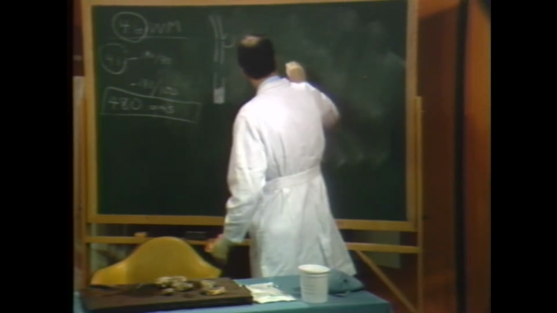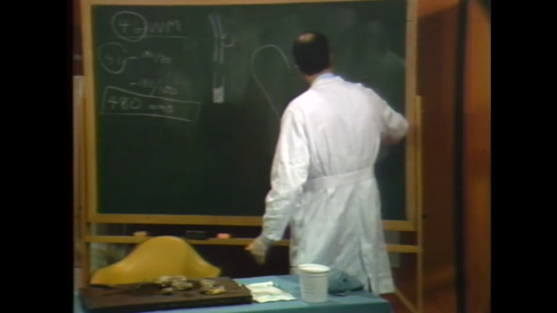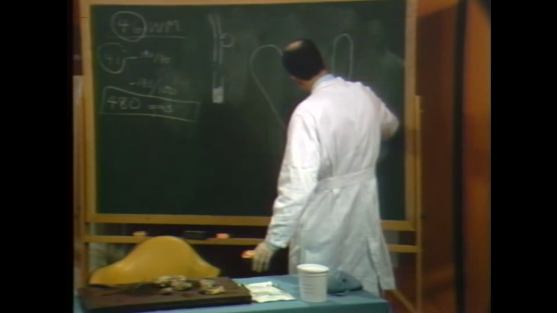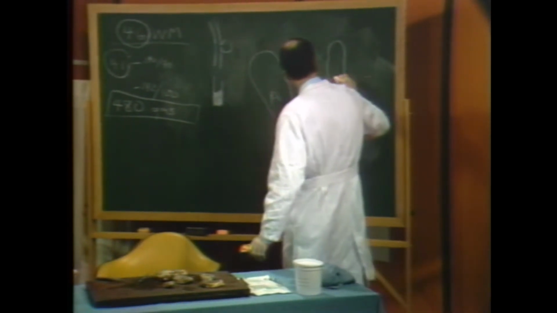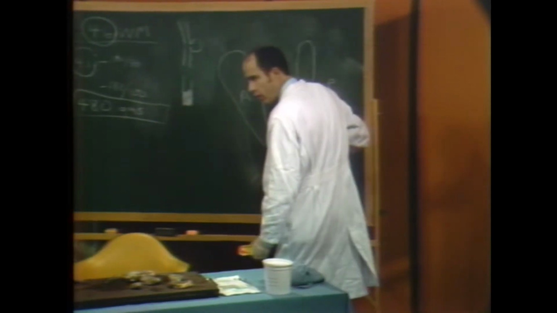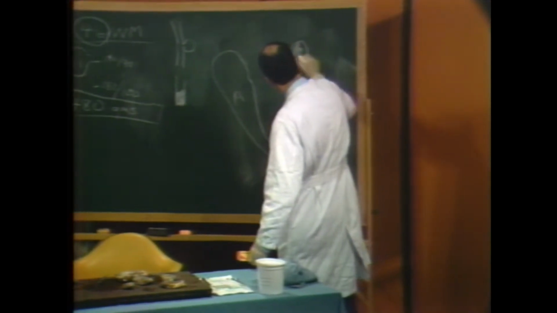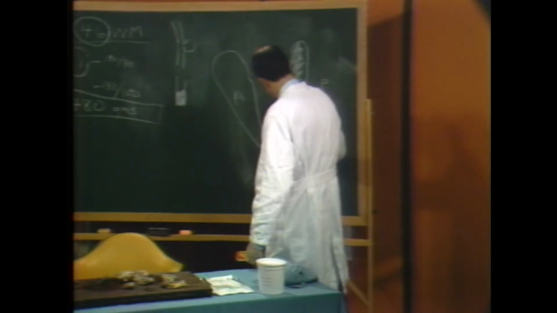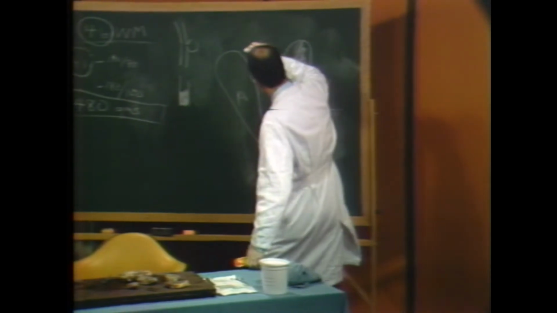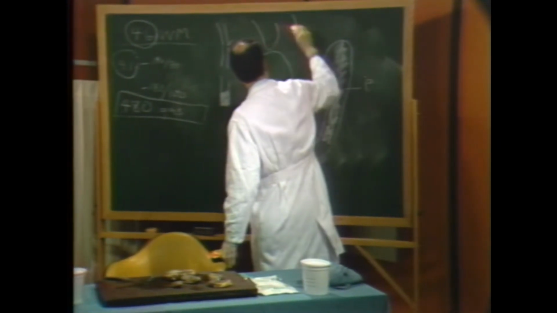draw this out, posterior wall is thinner. Let's say this is anterior and this is posterior. Posterior is thinner because there's a lot of scar in it. This is the anterior leaflet, aorta here.